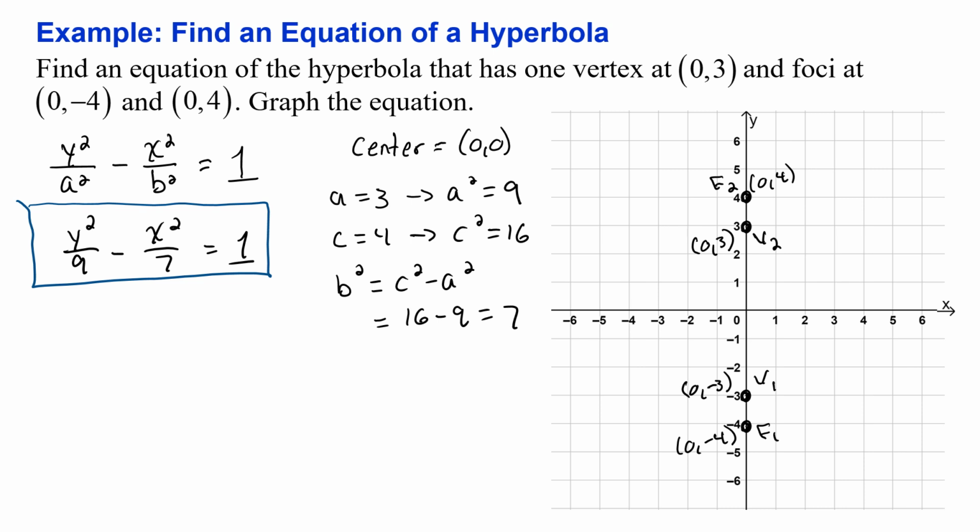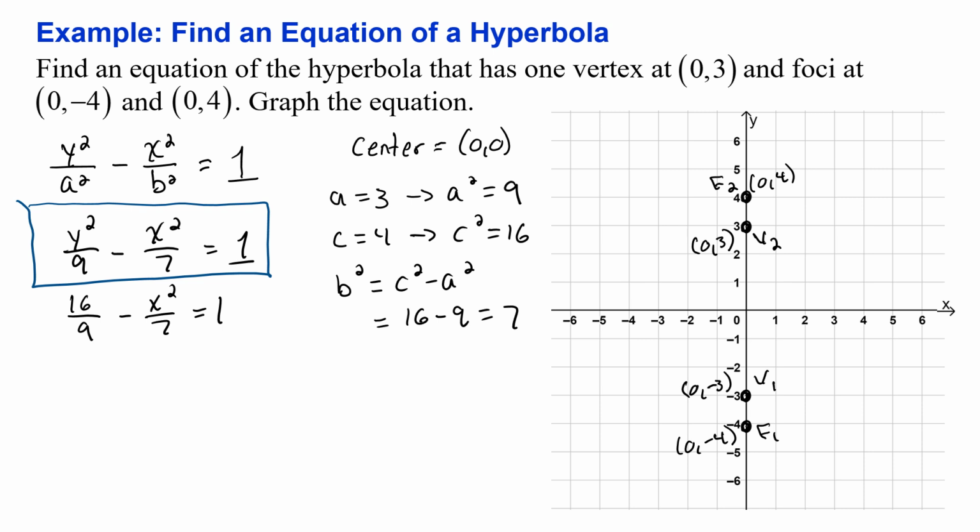So to finish the problem, we're going to complete the graph of the hyperbola. So again, it is helpful to locate and plot a few other points on the graph. We'll plot points to the left and right of each of the foci that have a y-coordinate of negative and positive 4. So let's substitute y equals positive and negative 4 into the equation that we just wrote, and we will have 16 divided by 9 minus x squared divided by 7 equals 1.